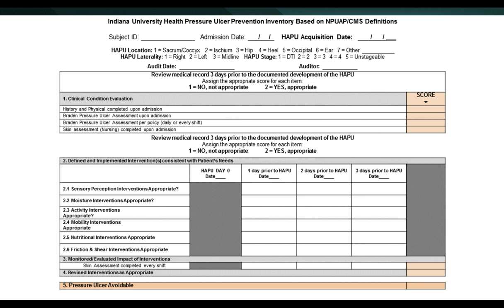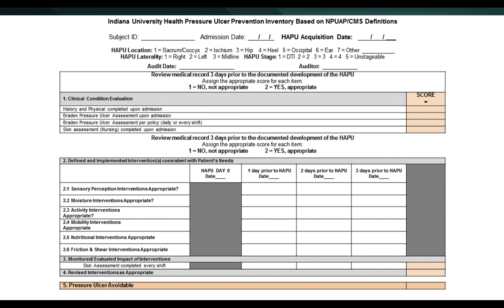I just wanted to throw in, this was our tool that we developed through one of those grants, the pressure injury prevention inventory. We're very proud of this work. We're actually presenting this at the NTI in May, so maybe I'll see some of you there. We completed a retrospective study examining unavoidable pressure injuries in approximately 165 critical care patients.